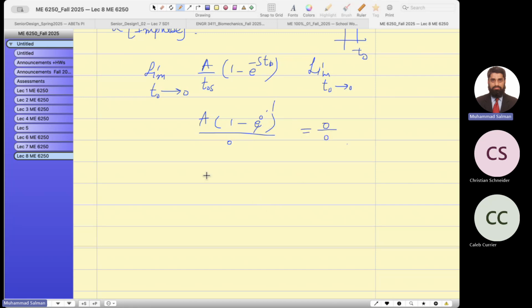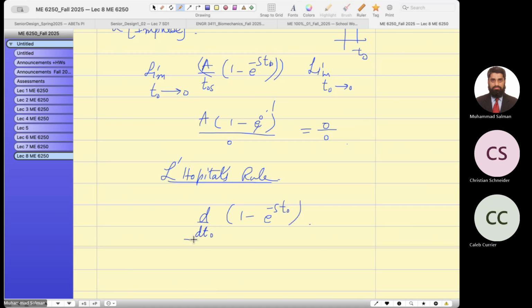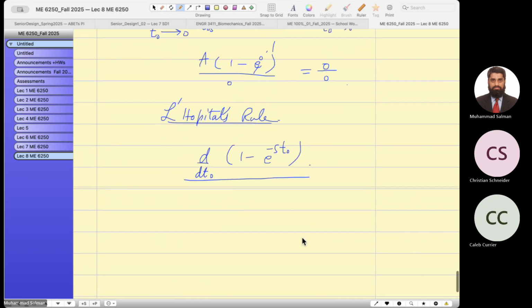In that situation, you have to apply L'Hopital's rule. The way this works is that you take the derivative of the numerator and the derivative of the denominator with respect to t naught, and then apply the limit.